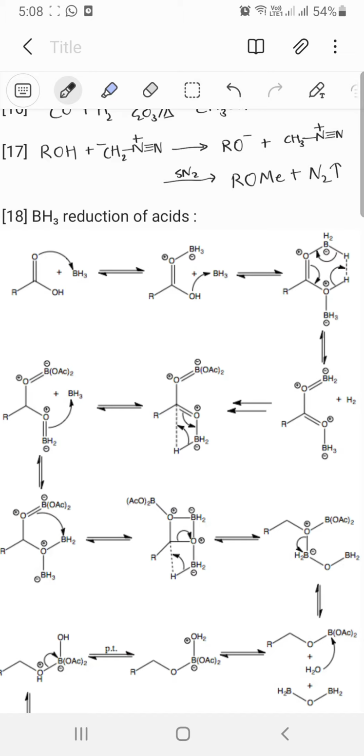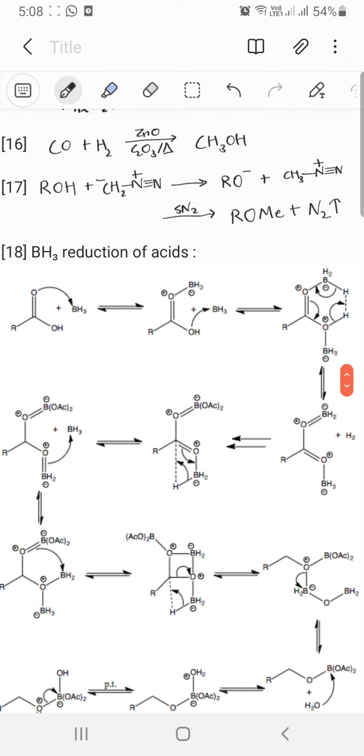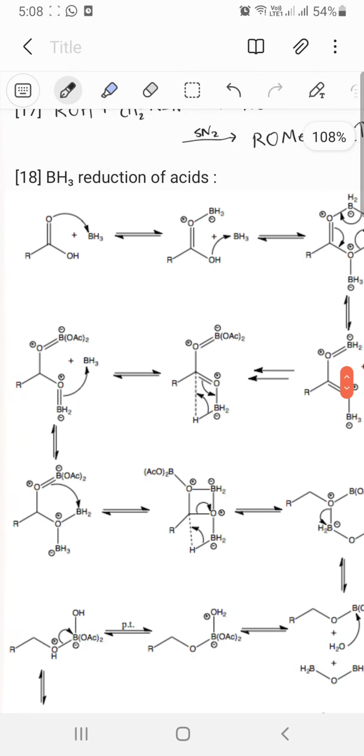So basically you are generating H2. Yeah, that seems about right. You are generating H2. So the hydrogen generation, that's why BH3 can reduce carboxylic acids, even though it cannot reduce most of the things.